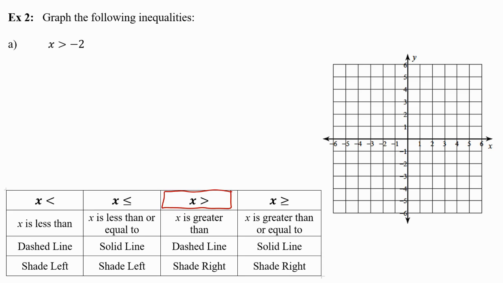Okay, so we know it's going to be a vertical line. It's going to be dashed. So because it's x, we're looking at the x-axis. Now we're looking for -2, which is right here. It's going to be a vertical dashed line. So something like this.